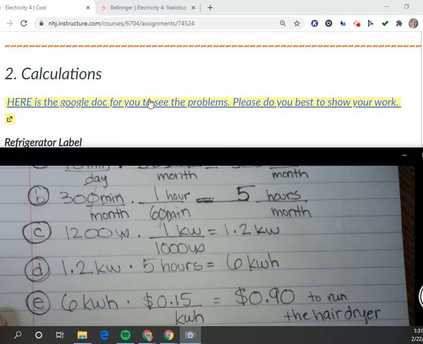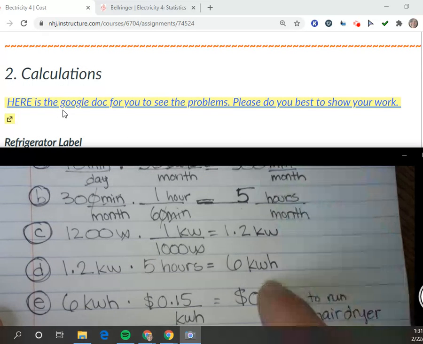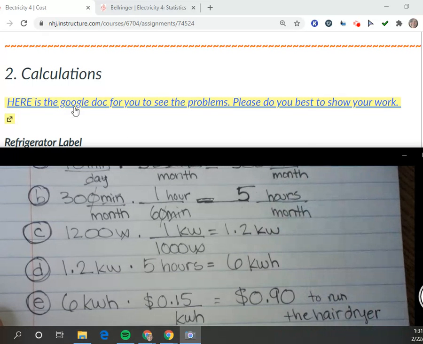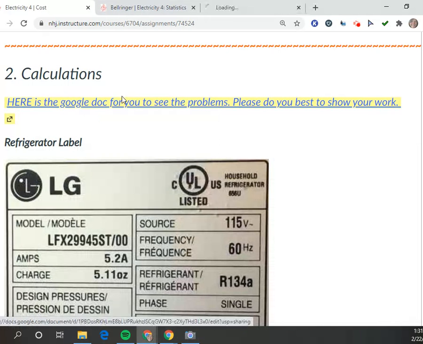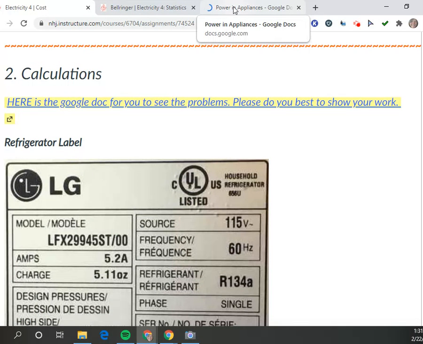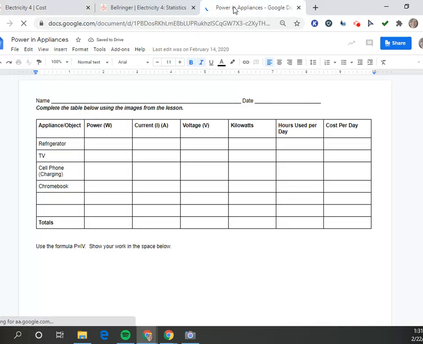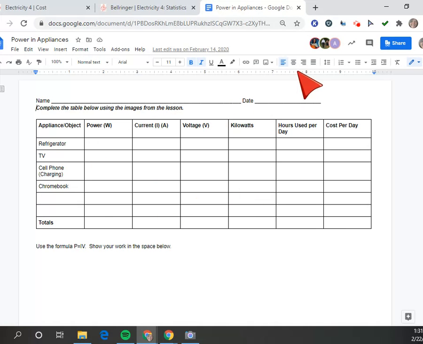And actually, this Google Doc, if you want to keep going on your paper, that's fine, because when you open the Google Doc, it's kind of asking you to do the same thing that we just did. It just makes it look a little more complicated. Okay, because in the Google Doc, you're finding the power, finding the current, finding the kilowatts, the hours used per day, and then the cost per day.